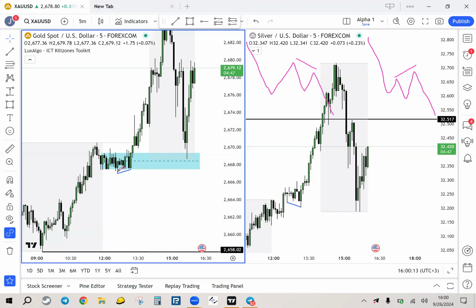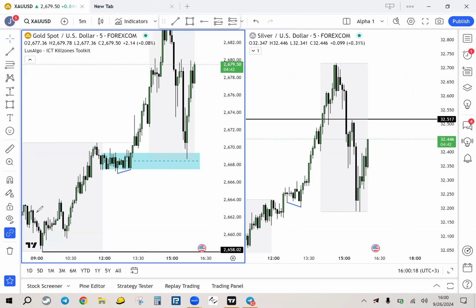At the lows, a divergence will also indicate possible incoming bullishness. In this case, gold making a higher low is basically telling you that it's respecting the overall trending move, the overall market direction. And silver going lower in here, sweeping liquidity, is telling you that silver is oversold. If silver is oversold, then it's likely to go up, and obviously gold will follow.